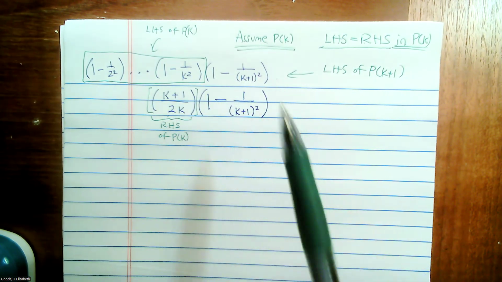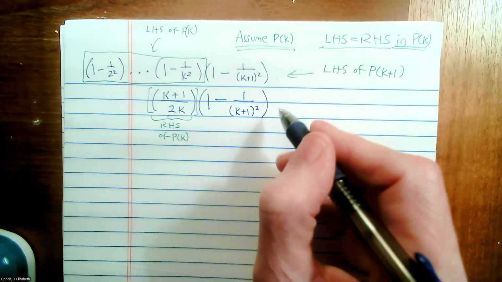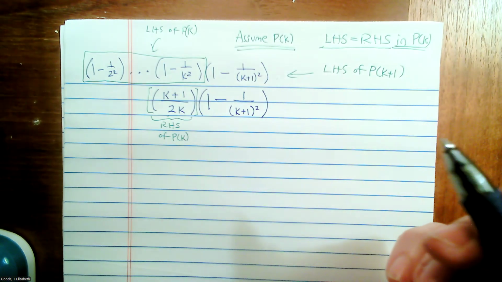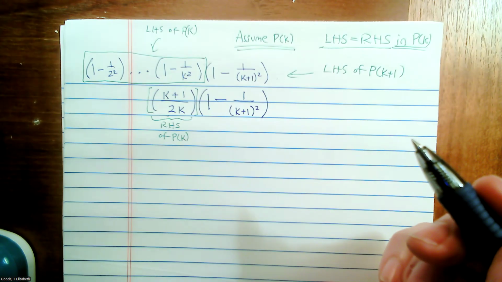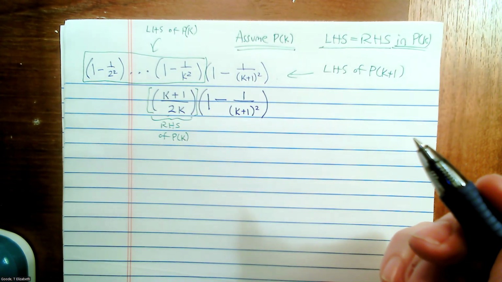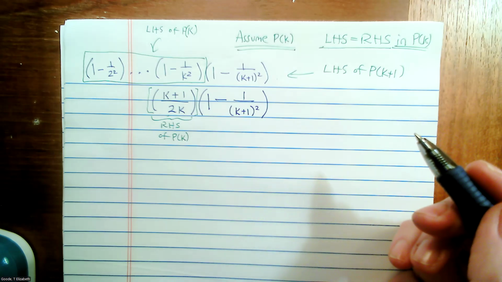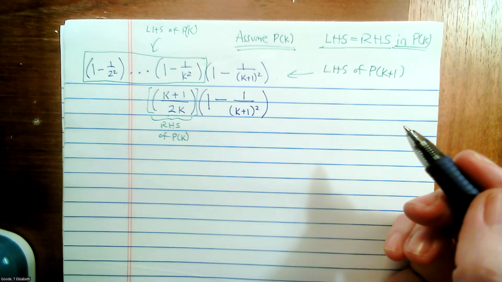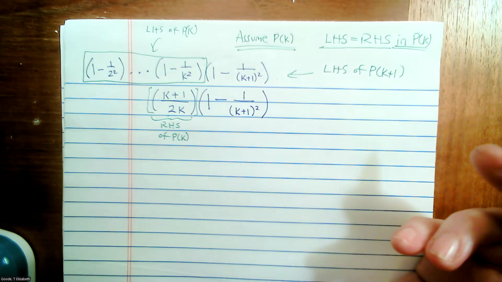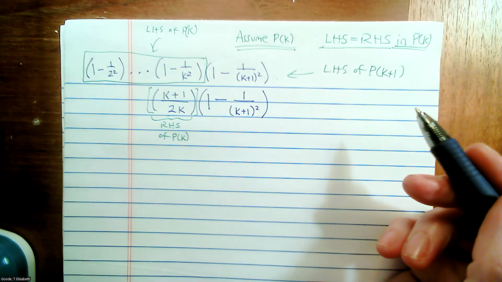And now, for P of k plus one, how come you wouldn't do that? Oh, never mind. I think I answered my own question. It's actually good to ask questions like you're asking because you want to really understand what in the world is going on.